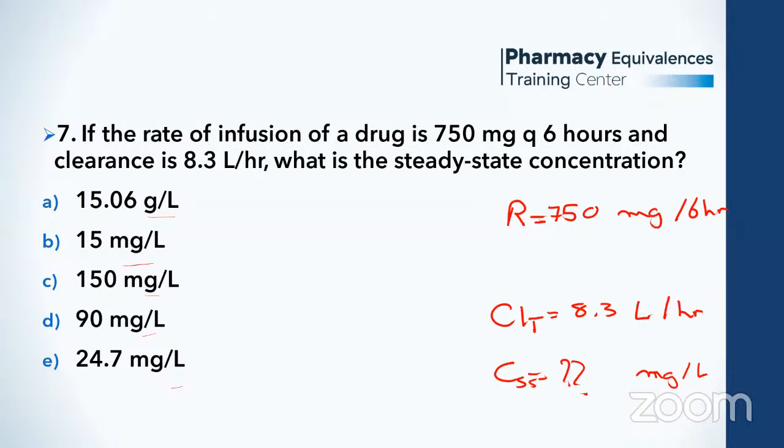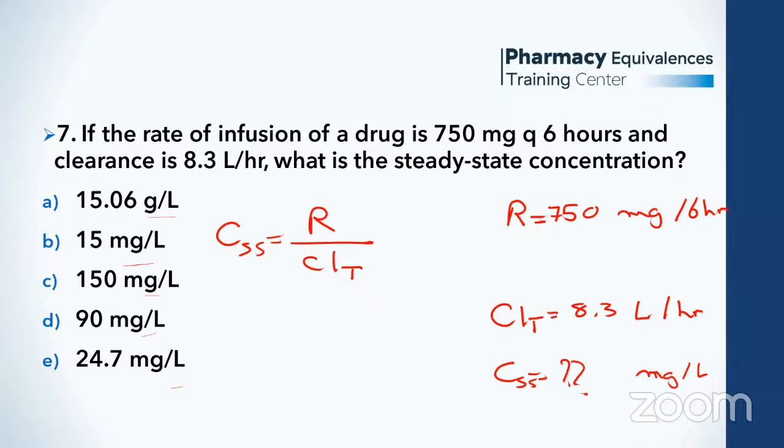The formula is CSS equals R over the total clearance. So just dividing the rate of infusion over the total clearance. But the second thing is the unit. Check the unit. Can we use the 750 over 8.3 directly or not?